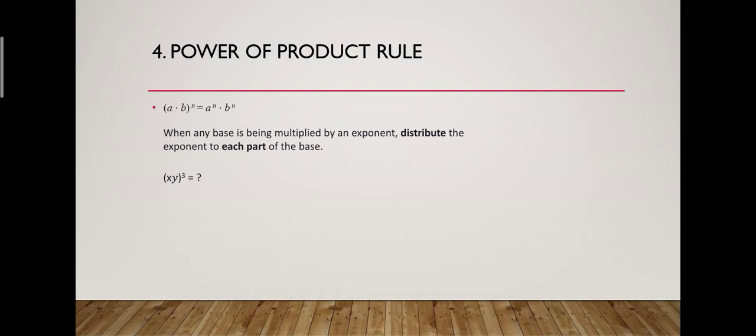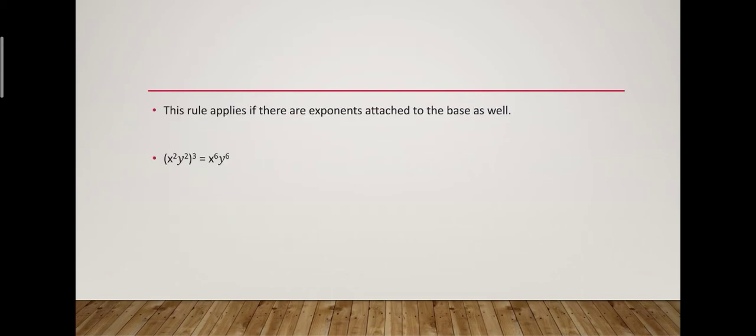For example, the quantity of xy to the 3 is equal to, in this equation, the power of 3 needs to be distributed to both the x and the y variables. So we have x cubed times y cubed. This rule applies if there are exponents attached to the base as well. For example, the quantity of x squared times y squared to the cube is equal to x to the 6th and y to the 6th.